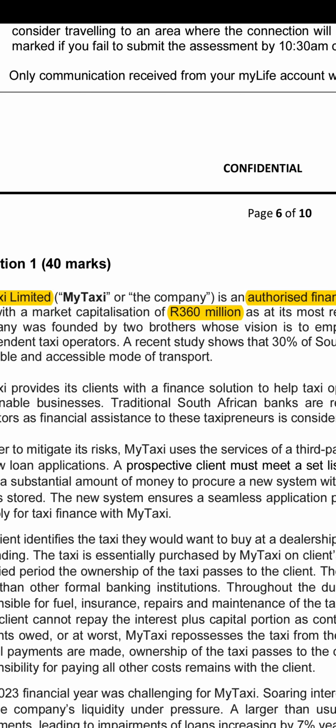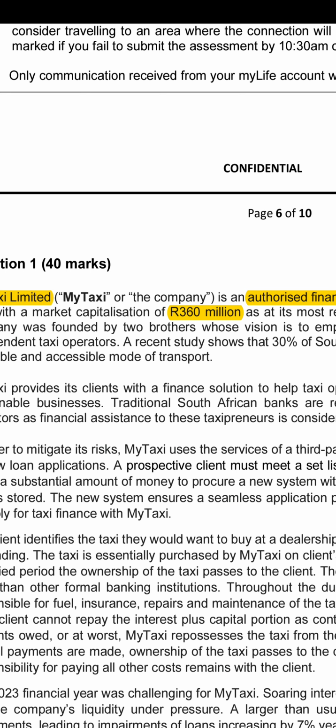For example, let's say they said 360 million is the market capitalization, and they said that there were a million shares in issue. From that, I can calculate what the share price is, because I can take the 360 million over my million shares in issue, which will give me 360 rand per share. So that's very important.